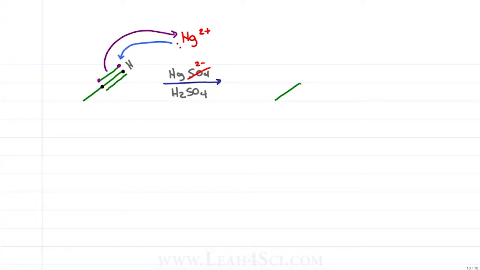When I redraw my skeleton, I no longer have to draw it in linear form, because the starting alkyne had sp hybridized carbons, which gave me a linear structure of 180 degrees. But after breaking the pi bond, I get sp2 hybridized carbons, which are 120 degrees, and so I can draw it bent like this.